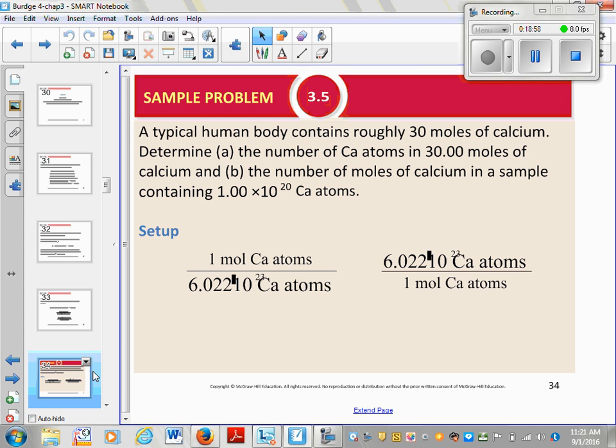For part B, we want to know the number of moles of calcium in a sample of 1 times 10 to the 20 calcium atoms. So again, what do we know? We know the number of calcium atoms, 1.00 times 10 to the 20th calcium atoms.